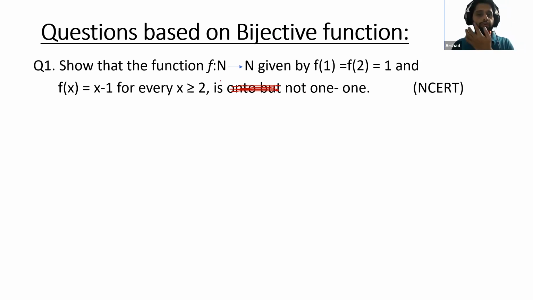Here you need to show that this is not one-one. I already told you that if you need to show that this is false, just give an example. We will not apply the complete method. Just give an example and show that this is not one-one. Please do this question.